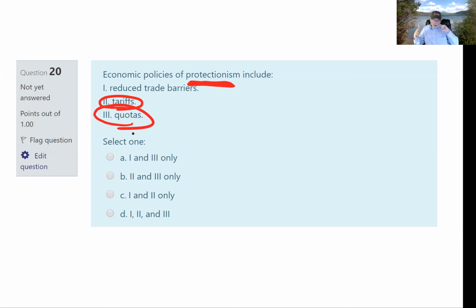It will cause the American consumers to be hurt because they're going to have to pay higher prices. Protectionism would not include reduced trade barriers. Protectionism would include the opposite, include increased trade barriers. Correct answer then would be 2 plus 3.